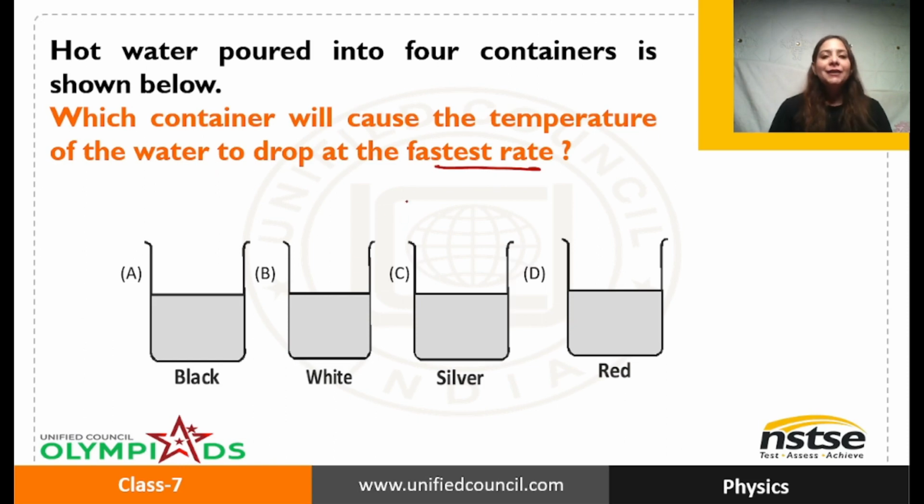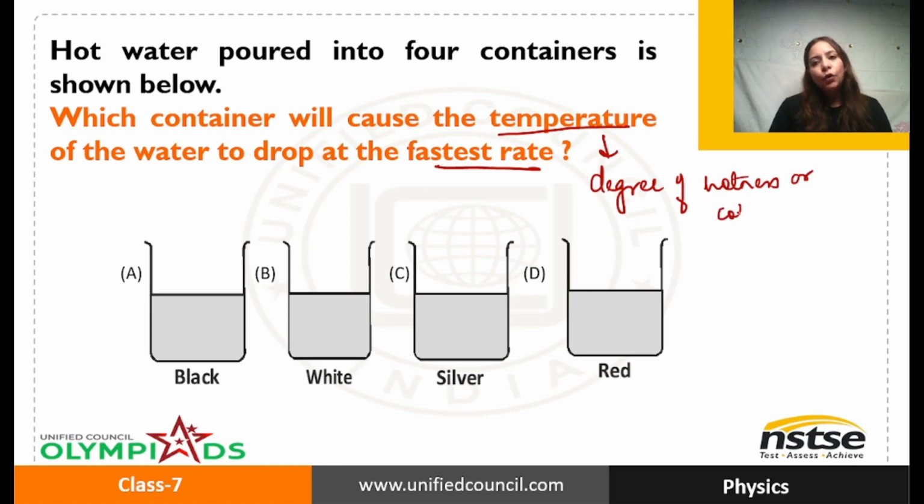Now let's recall a few concepts of physics. You know what temperature basically is? Temperature represents the degree of hotness or coldness of a body. This is what temperature is.